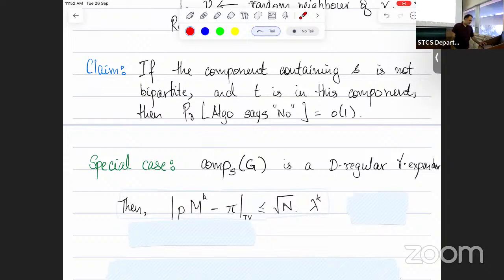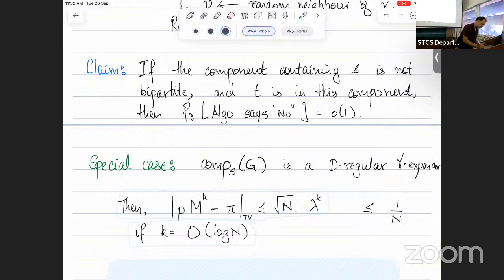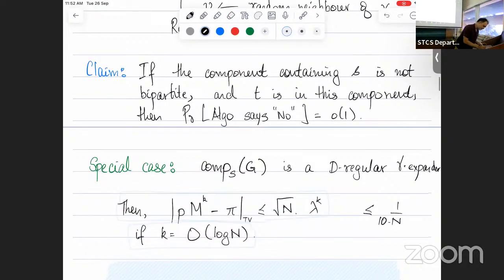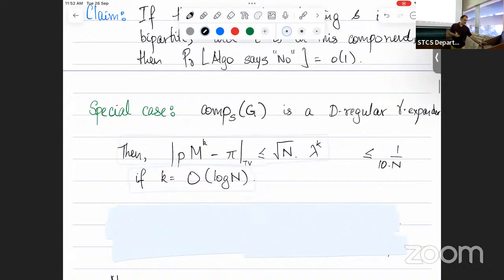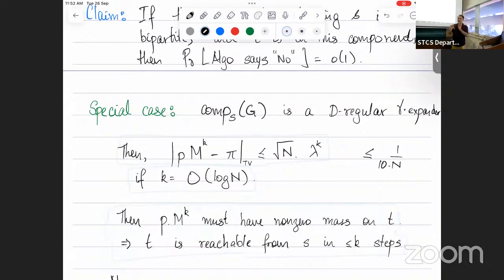Which means if I set k to be something like order log n, this right-hand side will become at most, let me make it, 1 over 10. I just choose k to be large enough so that the right-hand side is at most 1 over 10. But what does this mean? This means that if I look at the distribution after k steps, there must be some mass on the vertex t if t was reachable at all. Why is that?